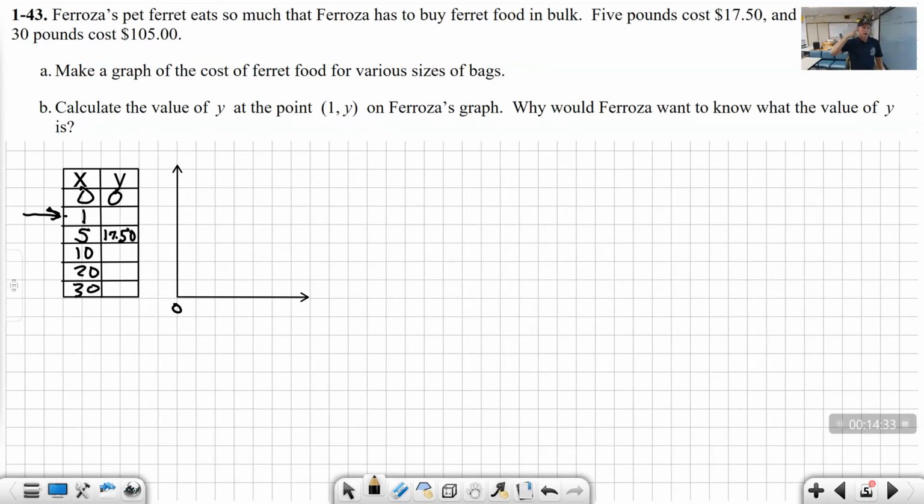Now, if I double the 5, I get 10. If I double the food cost, I get 33. Now here's the thing. A 30-pound bag costs $105.